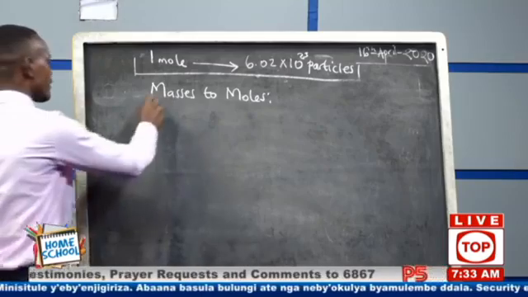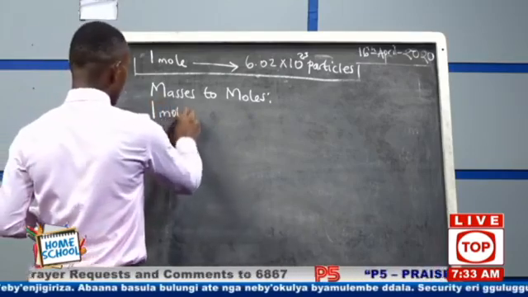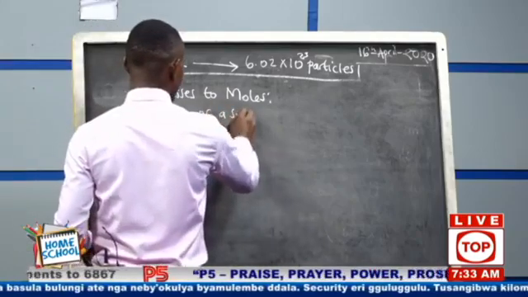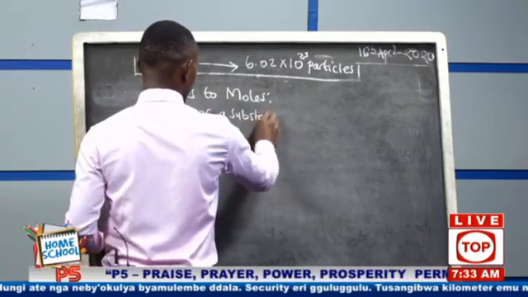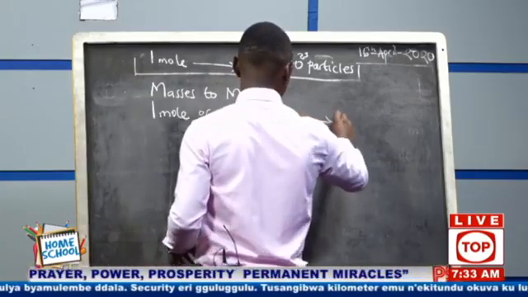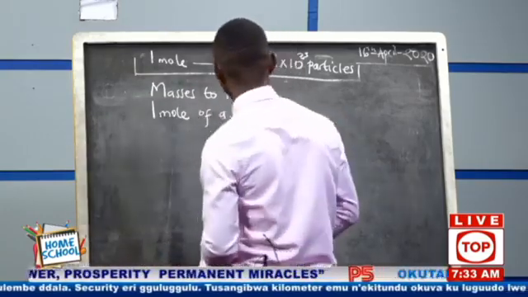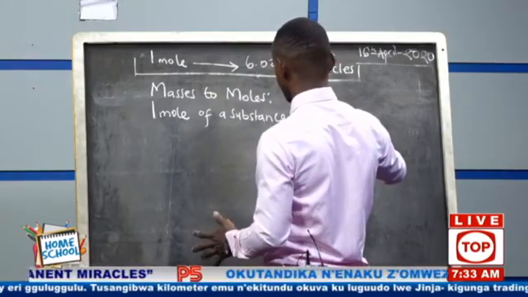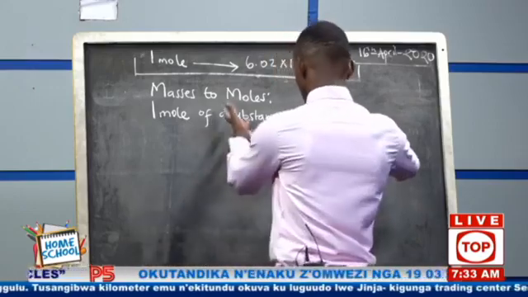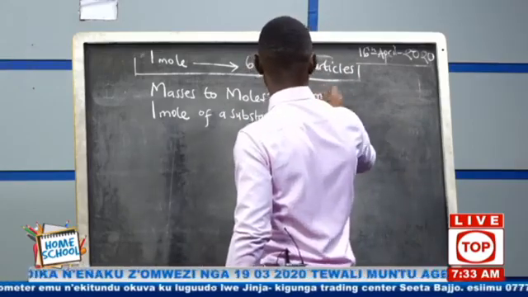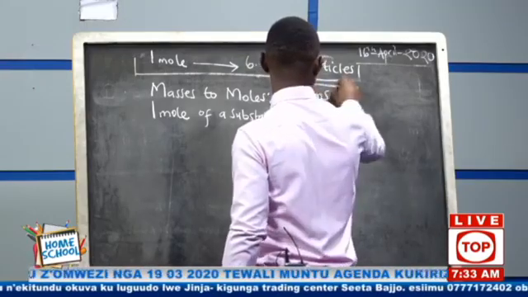You just need to say 1 mole of a substance will be equal to, now let us see, this one can be divided, it is a substance, that means we are looking at atoms, because this one is divided into two.